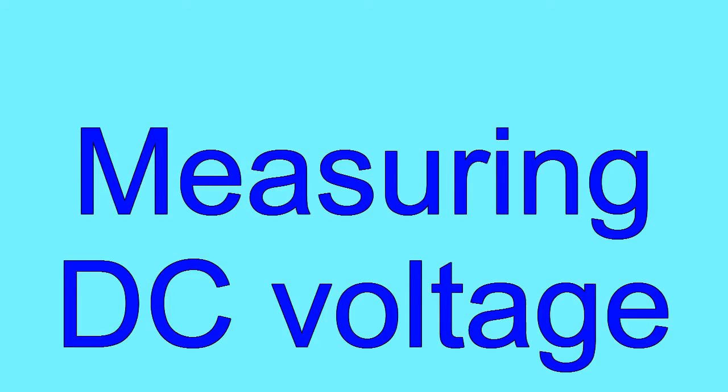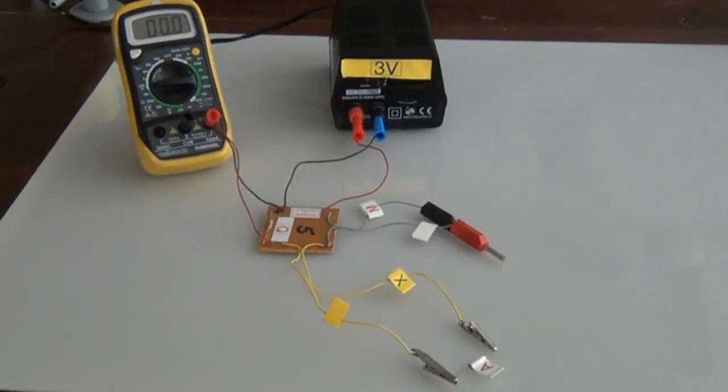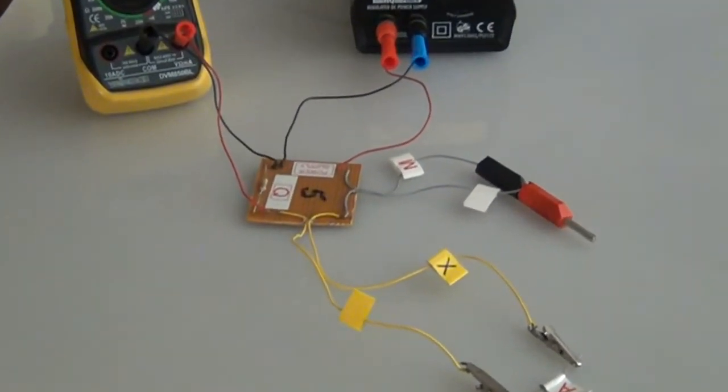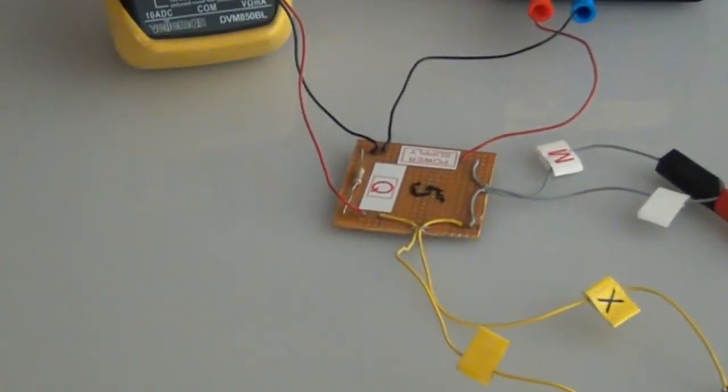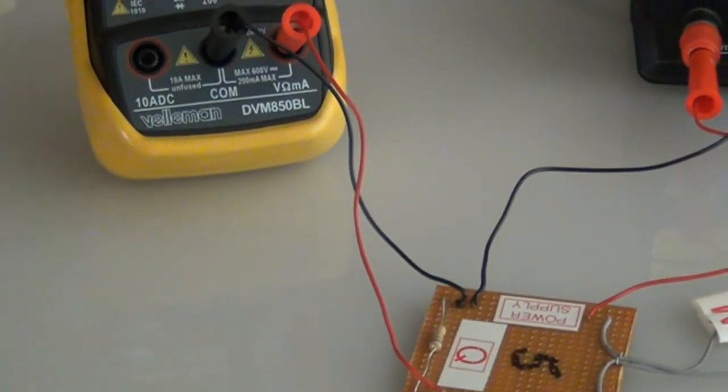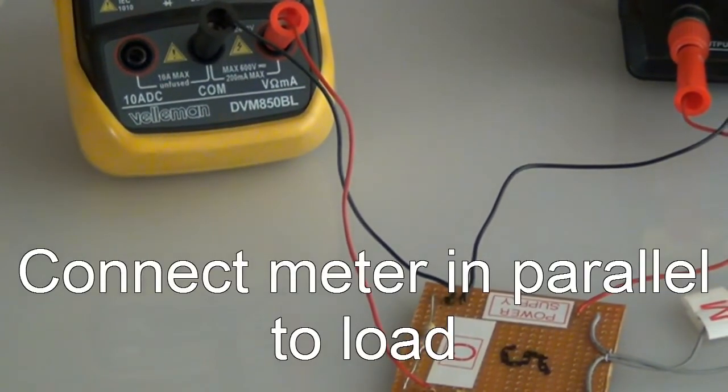We now measure DC voltage. For this experiment we require a circuit with some resistance Q, and this time we connect the multimeter in parallel to the load.